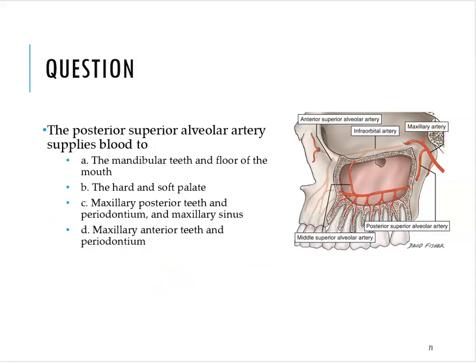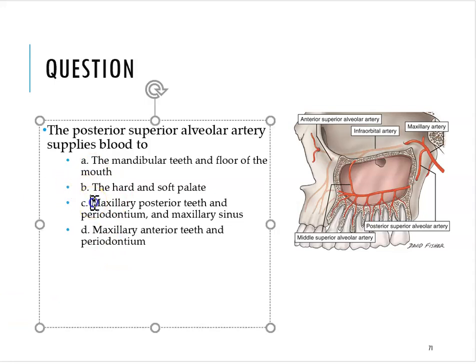Let's look at another question. The posterior superior alveolar artery supplies blood to... I'll give you a few seconds. So if you said maxillary posterior teeth, periodontium and maxillary sinus, you would be correct, because it only goes to the posterior teeth. The anterior teeth are supplied by the anterior superior alveolar artery.